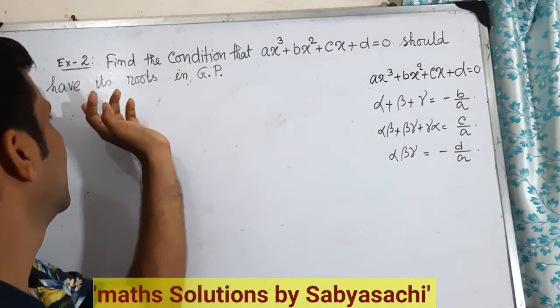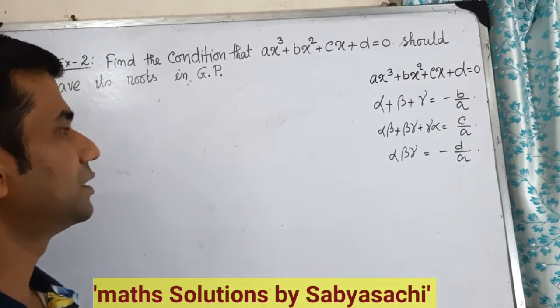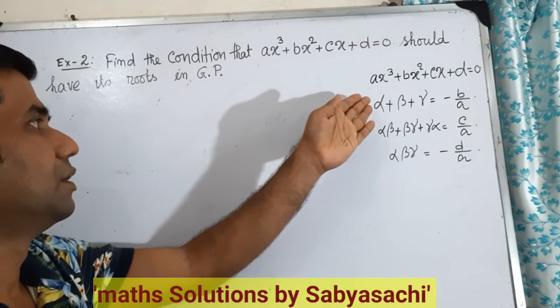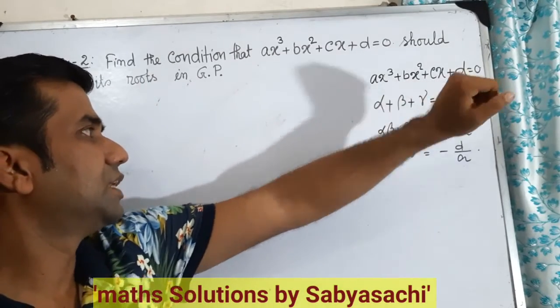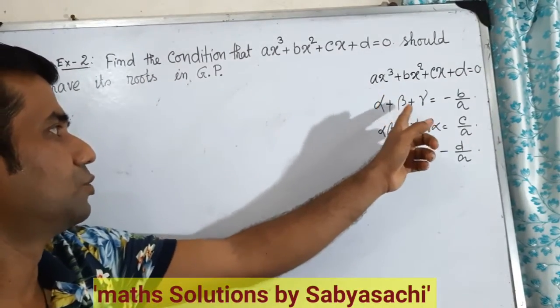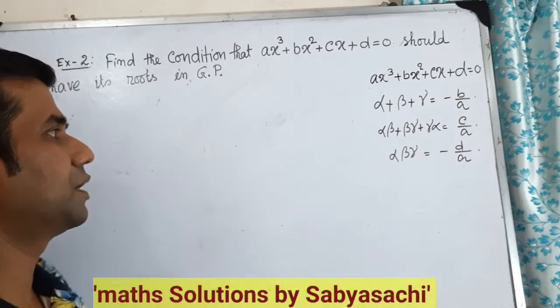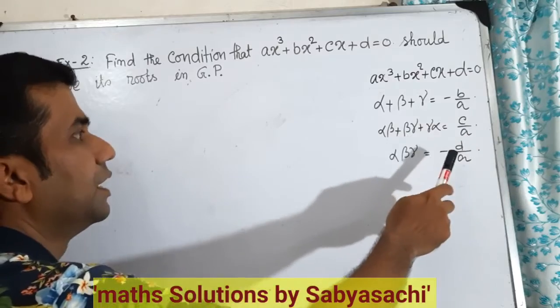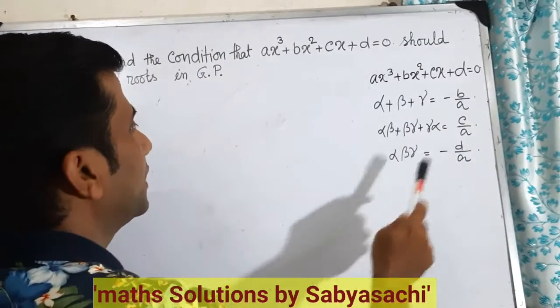Find the condition that the roots are in GP. We know that from the relation between roots and coefficients, for this cubic equation with roots alpha, beta, gamma, alpha + beta + gamma is equal to -b/a, alpha beta + beta gamma + gamma alpha is equal to c/a, and alpha beta gamma is equal to -d/a.